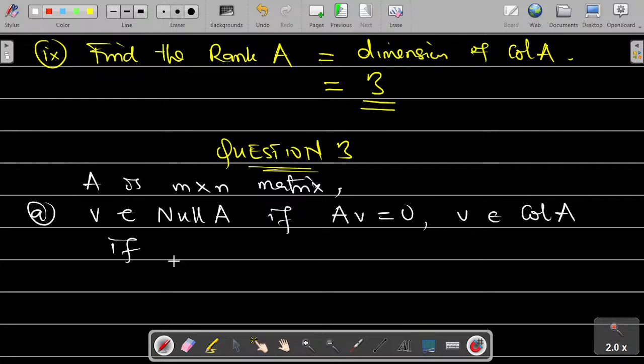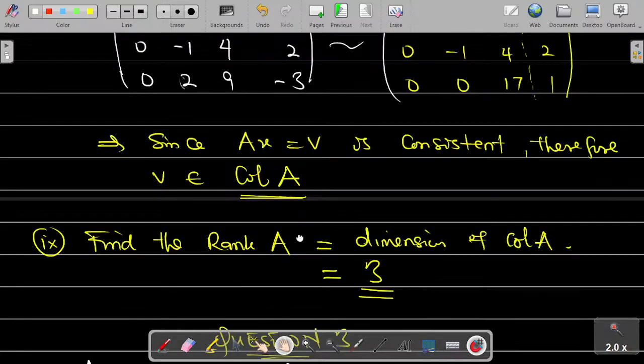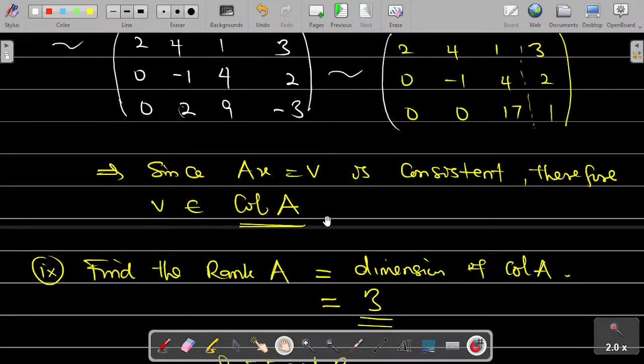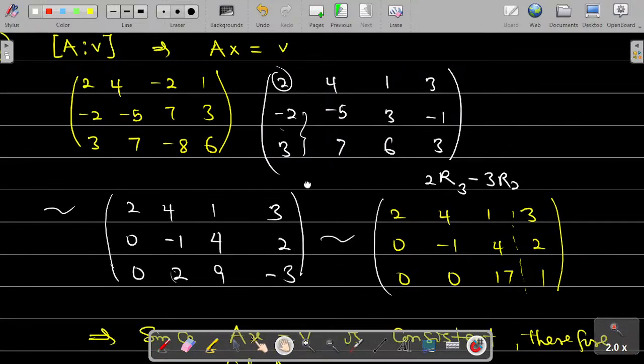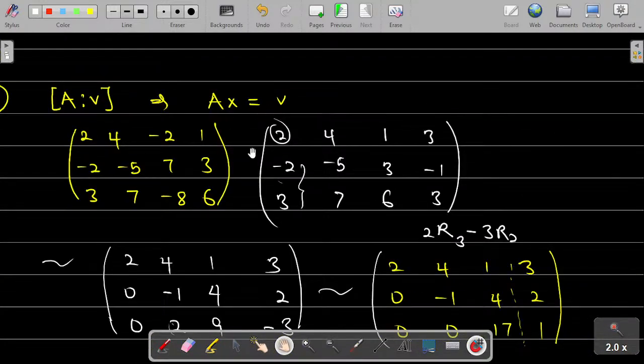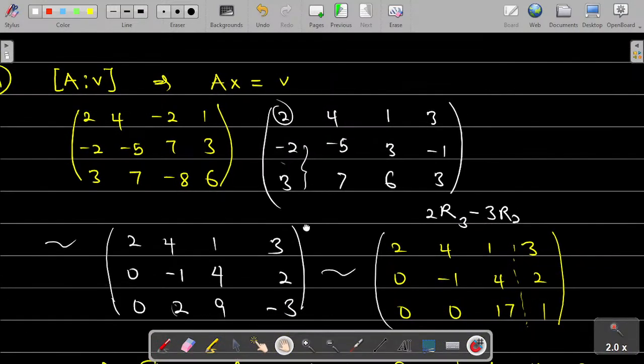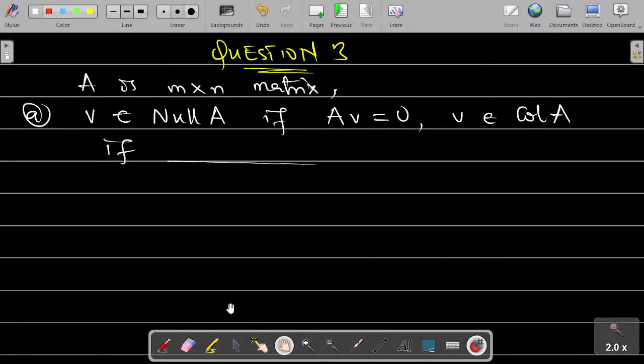If what happens, okay, and we did that up there. We said that V will be in column space of A if this is consistent. So if you solve this and you have values for x, then you know that your V is in the column space of A. So to fill in here, you will just write that this will hold if Ax equal to V is consistent.